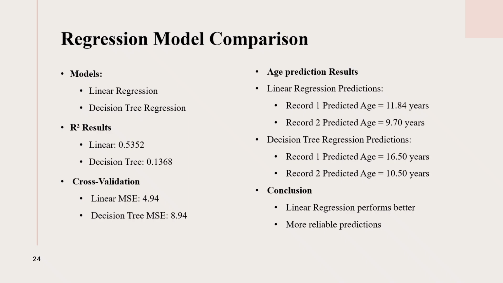So overall, based on R-squared values, prediction consistency, and error rates, linear regression is the better model for this regression problem. In the regression comparison, linear regression performed better, and the main reason is that linear regression captures the overall trend in the data more effectively, while decision trees can sometimes overfit or fail to generalize well for continuous data. The higher R-squared value and lower mean squared error confirm that linear regression provides more reliable predictions for this dataset.